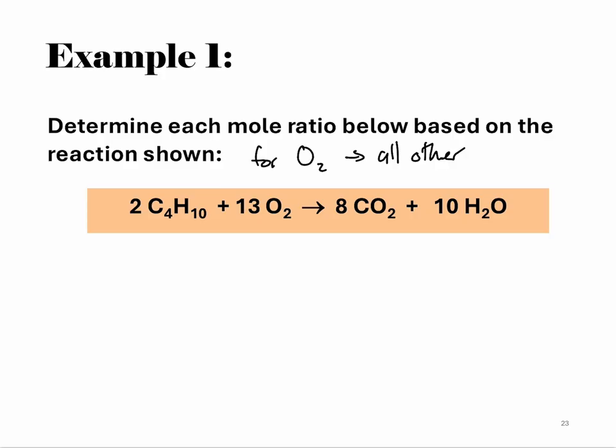We'll do one together and I'll let you guys do the other 3. So if we're going from oxygen to butane, C4H10, what's the molar ratio going to be for that?